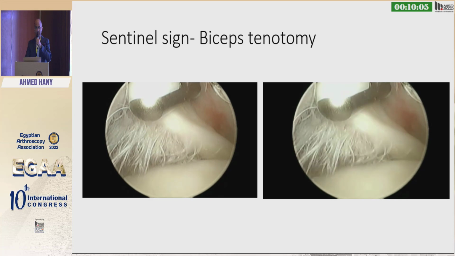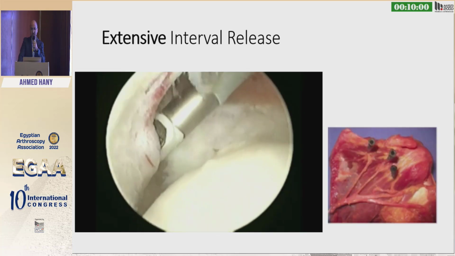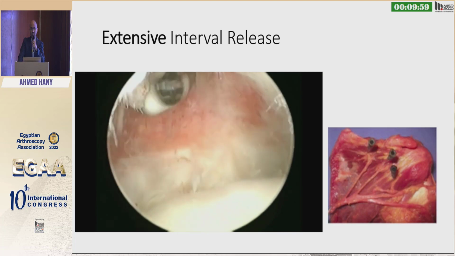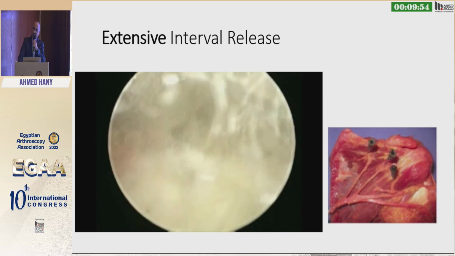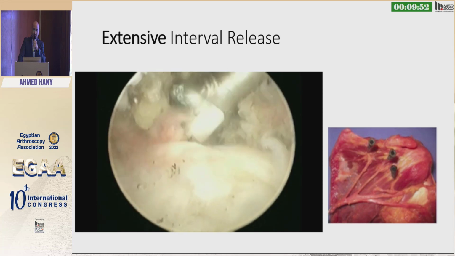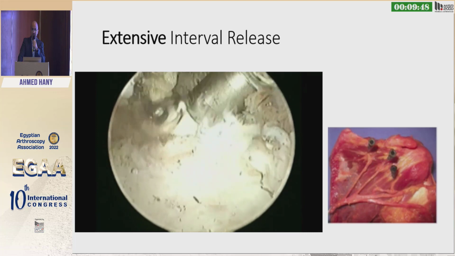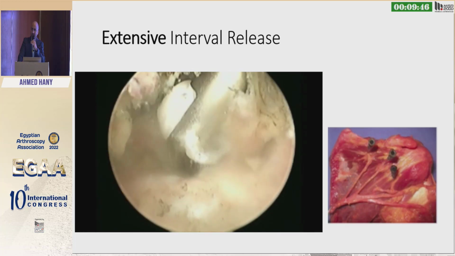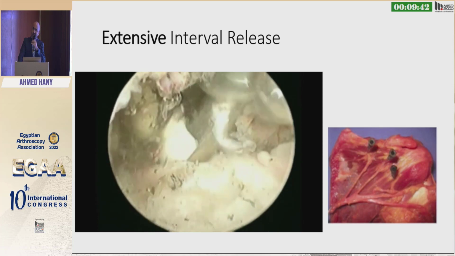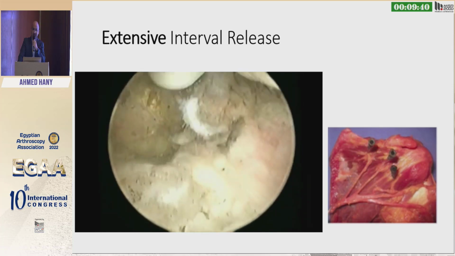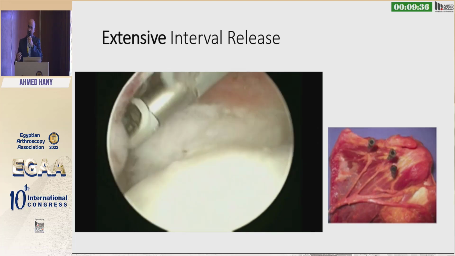After the tenotomy, I do an extensive capsular release. This is very important. You must be able to visualize very well. You don't want to go medial to the coracoid, but you can go as much medial between the subscap and the glenoid. This release should be done thoroughly. Take your time. Identify first, release second, and be able to see the sutures of the anchor easily.